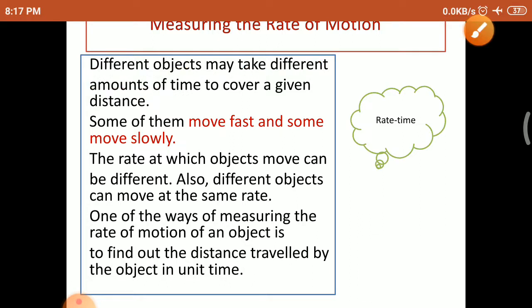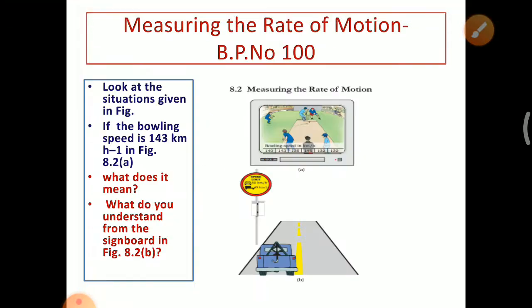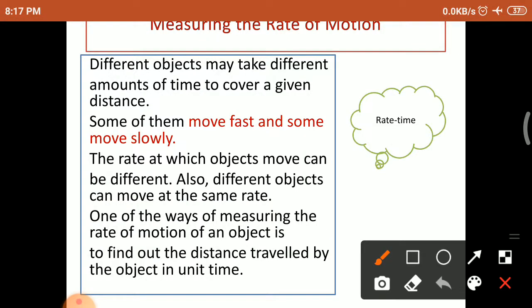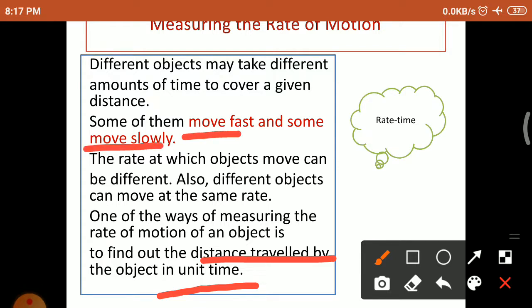One of the ways of measuring the rate of motion of an object is to find the distance traveled by the object in unit time.